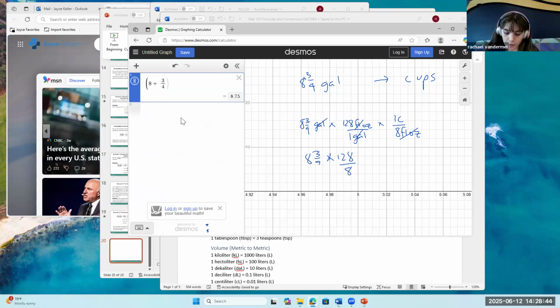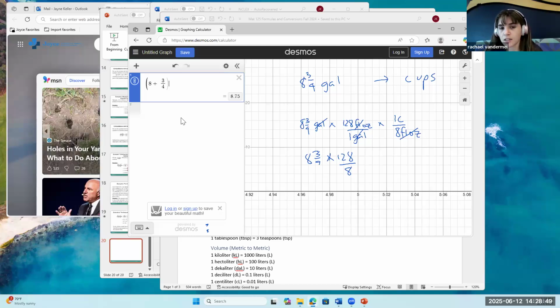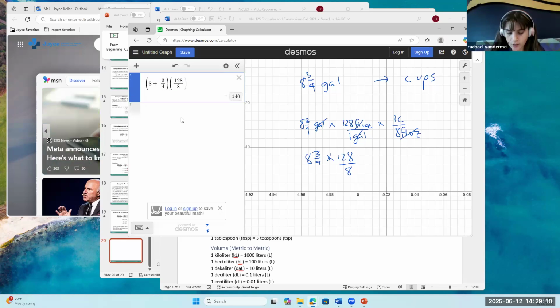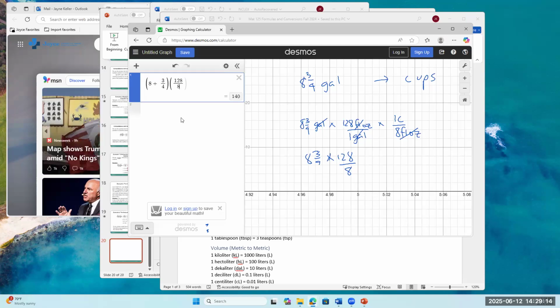I made it an improper fraction and divided to make the decimal, because I thought that'd be easier when I converted. Then we can just do times 128 divided by, whoops, we want to make sure the 128 is divided by 8. It probably doesn't matter, but just to make sure. There we go. Okay, that's what I got. Perfect.